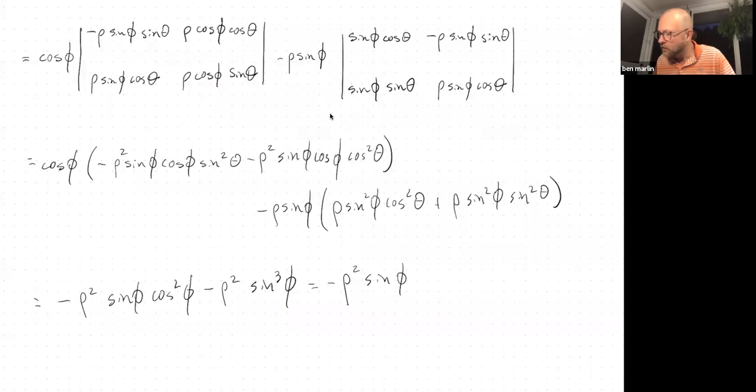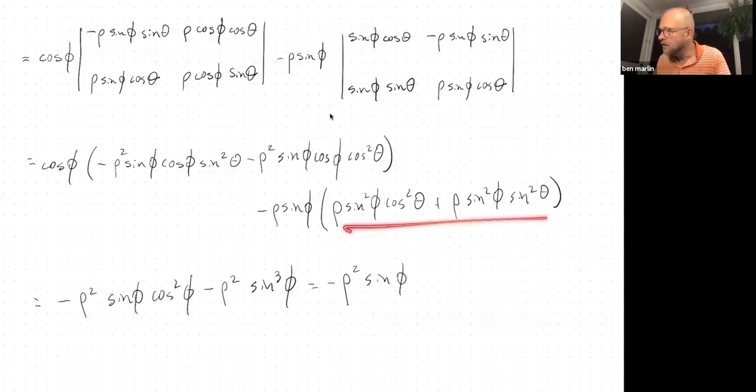Once we factor that out, this feels like I skipped some stuff here. You can see there's a rho squared coming out of both pieces of it, and a sine coming out of both pieces, and a cosine coming out of both pieces. If you pull those out, the thing that's left is sine squared plus cosine squared, which is 1.